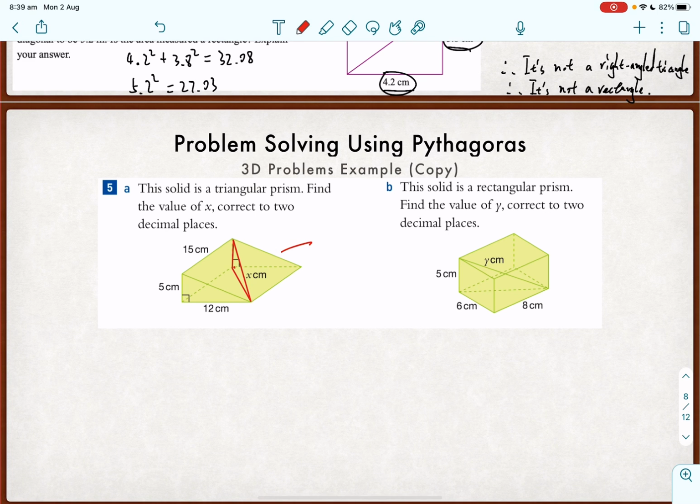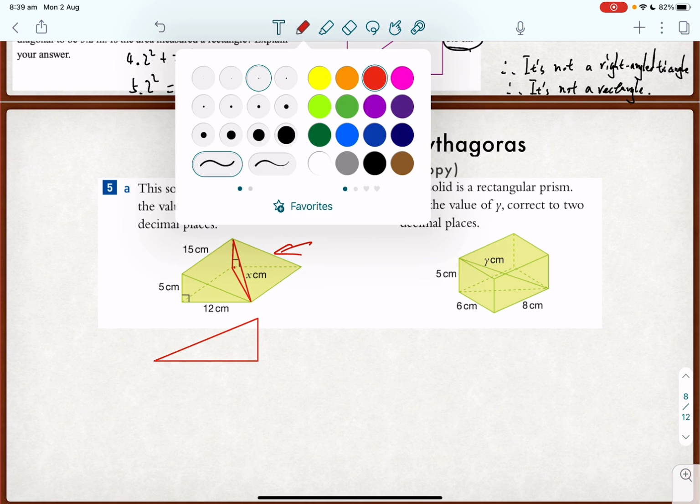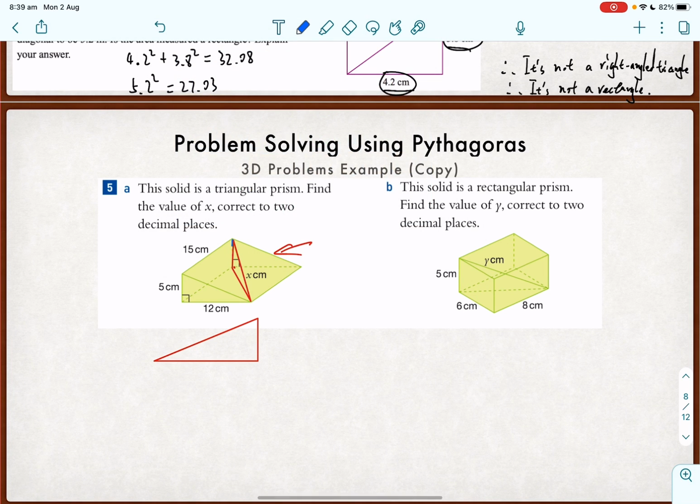If you look from this side, you should see this. Let me do it again. I'm going to highlight that. That blue part here should be this length. It's kind of given because that and that are the same, so that is 5 centimeters.